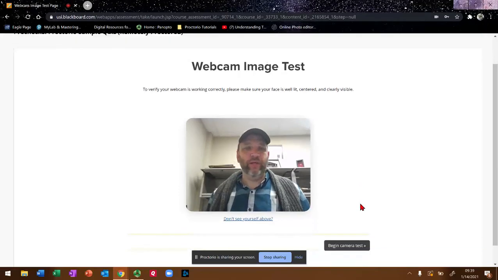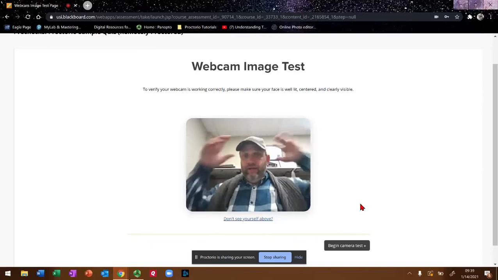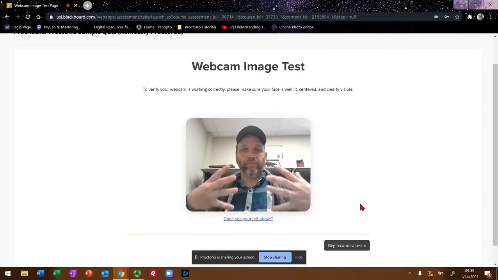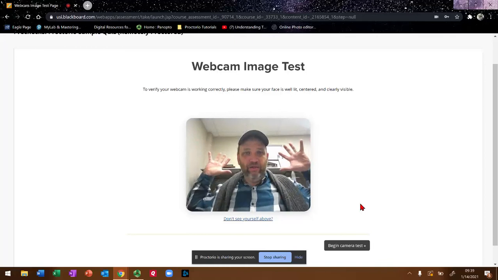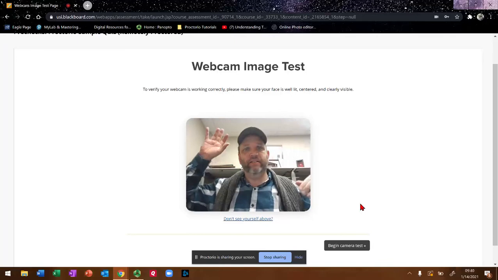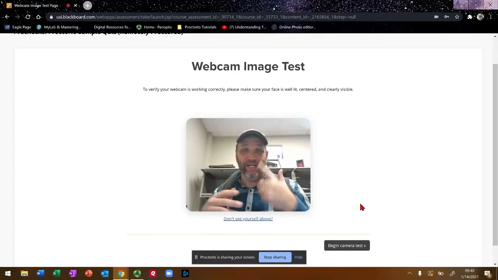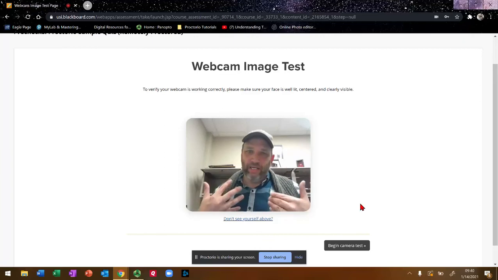It says to verify your webcam is working correctly, please make sure your face is well lit, centered, and clearly visible. So again, being well lit is very important. When you're in the test taking room, if you have a backlight or a light that's above, or sometimes you may be in your room and the lights are off, and that's just your comfortable place, that may not work.